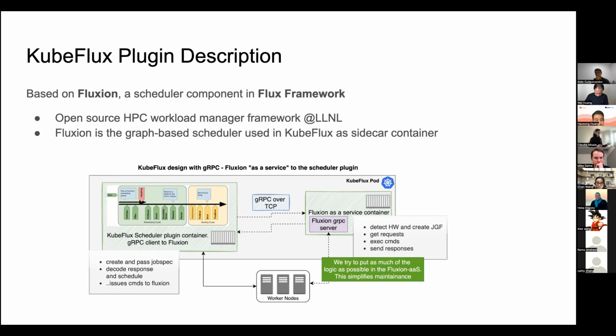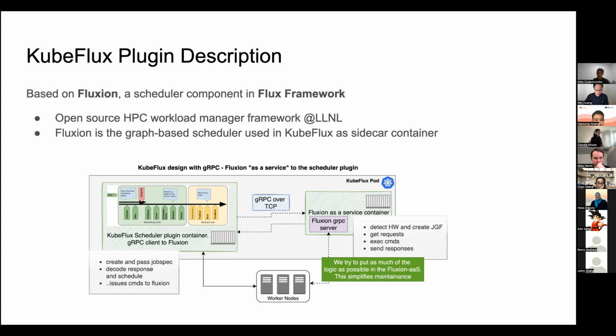That's a problem. In one way, if you are the Kubernetes cluster scheduler, you know what resources Flux is scheduling because you see the pods, all the workloads. It's not true for the other way around because of the internal resource representation.